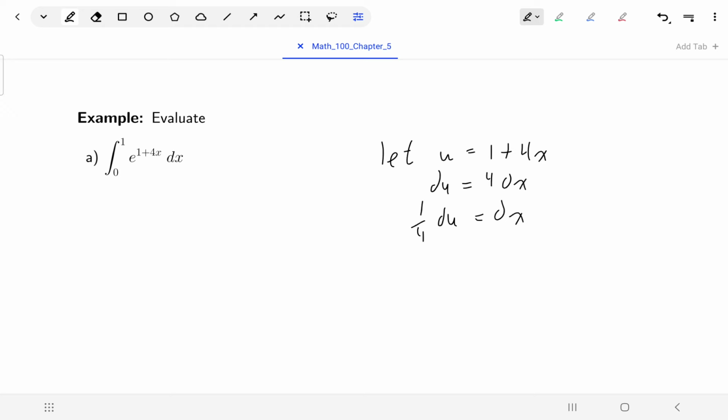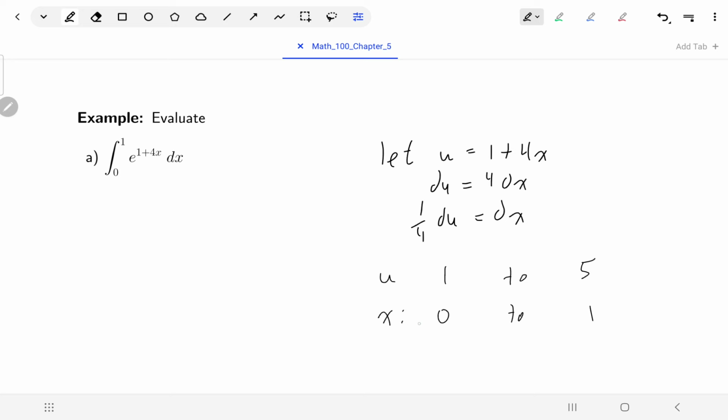And that's what I'm going to do for this one, because it's easy enough for me to figure out what's happening with u. With x, we know we're going from 0 to 1, and when x is 0, then u would be 1 plus 4 times 0, which would just be 1. Similarly, if x was 1, then u would be 1 plus 4 times 1, which is 5.